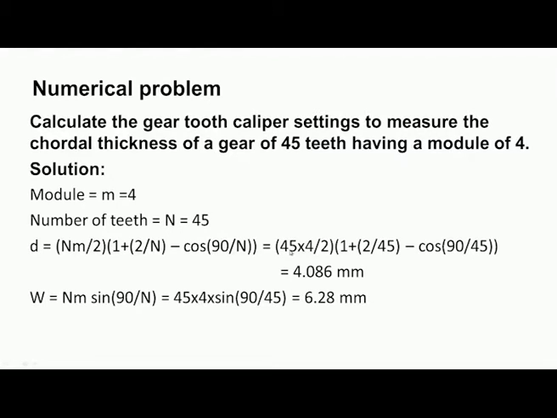N is 45 times m is 4 divided by 2, times (1 plus 2 divided by 45 minus cos 90 by 45). This will give a value of 4.086 millimeter. So, this value we have to set in the vernier caliper.